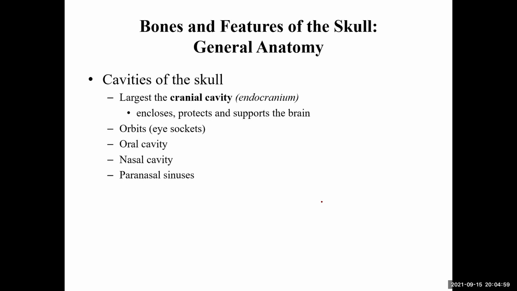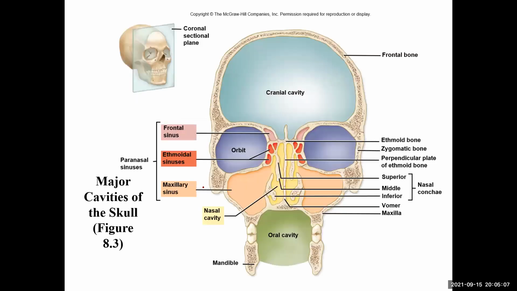Your oral cavity, your mouth, and then you have these fellas, the paranasal sinuses. For those of you that suffer from allergies and are subjected to hopefully infrequent sinus infections, these cavities are the ones that are responsible for a lot of that.